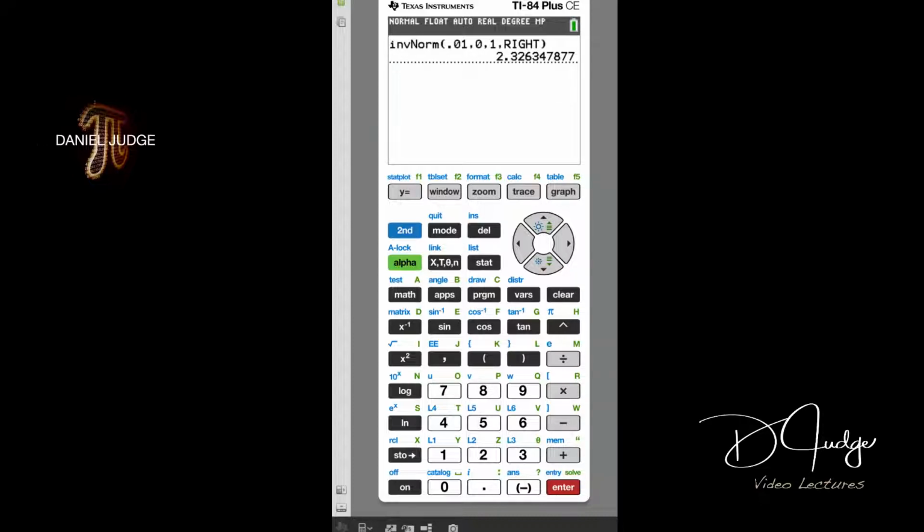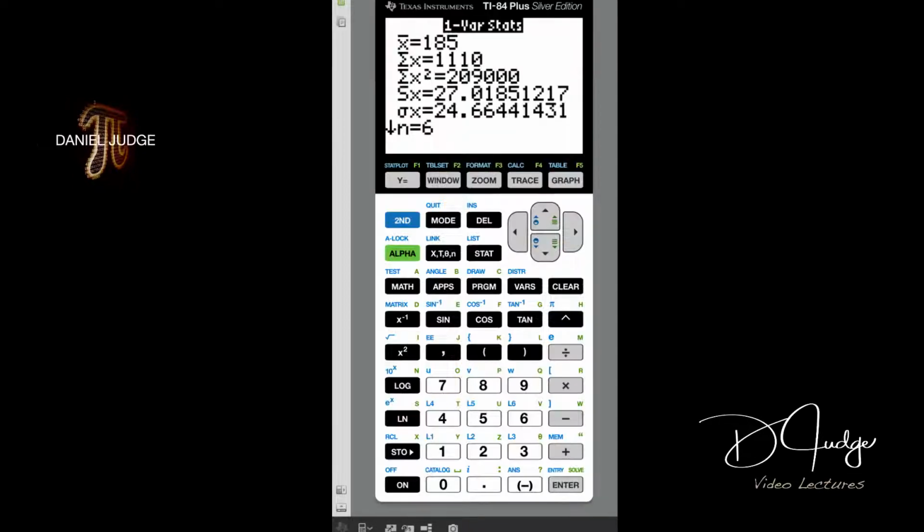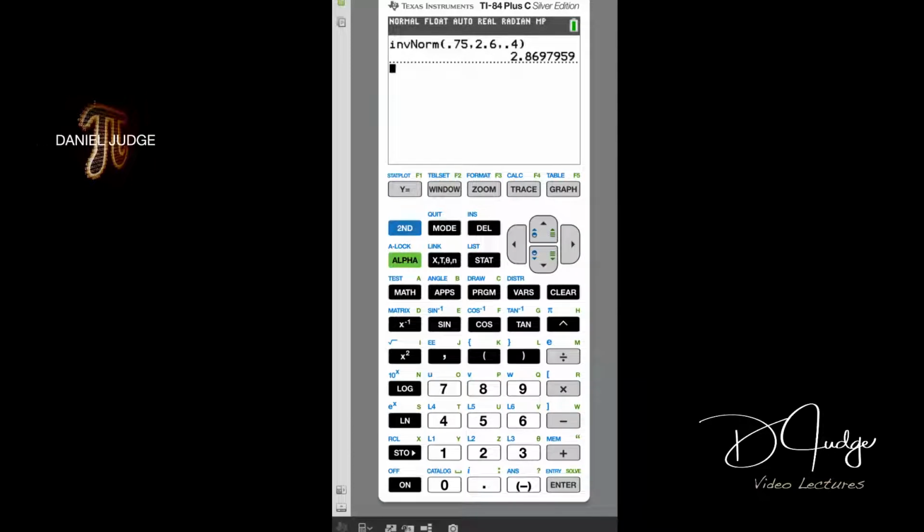So you do. But some of you have the older version with second distribution. Let's clear this out if we can. I guess we have to hit enter. Let's see what happens with this one. Second distribution, inverse norm.